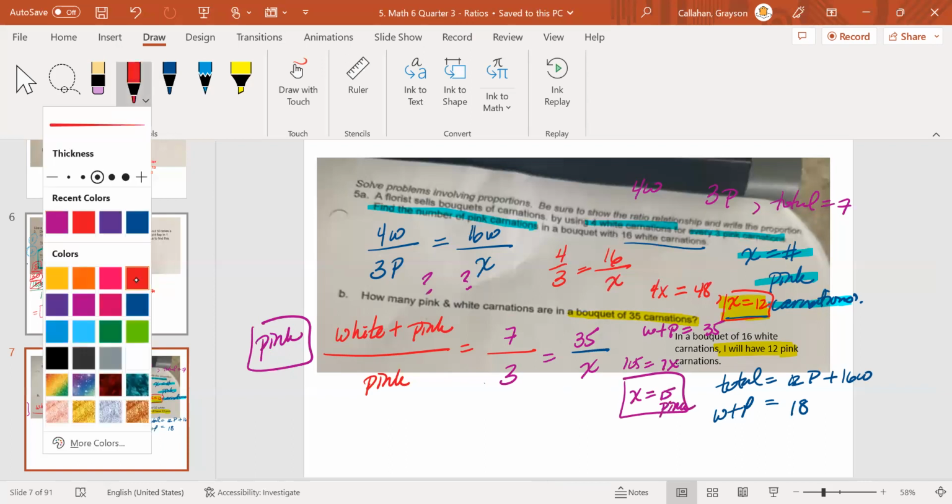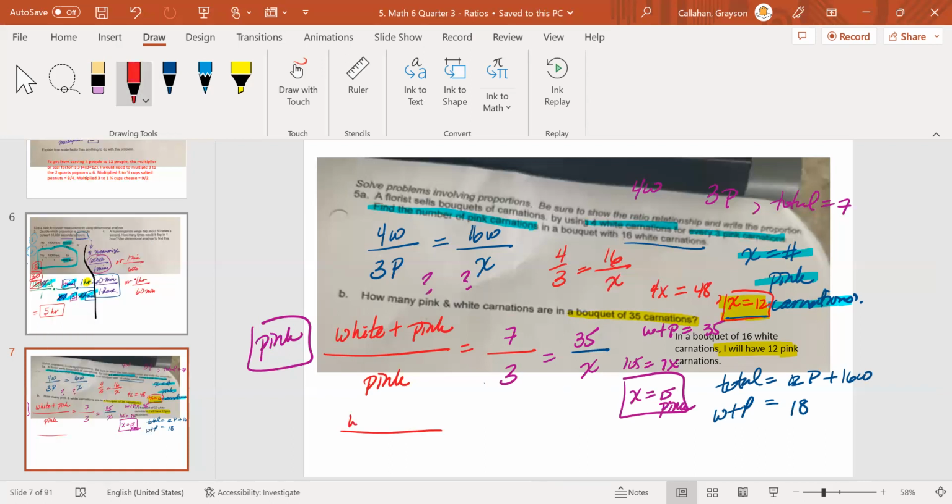Now you're going to do the same thing. I'm going to set it up again. So white plus pink over white this time because you need to know white, right? Because you have 2 question marks, right? White and pink is 7. White, we're not going to use 3 because we're going to use 4, right? Okay, equals 35 over x, right?